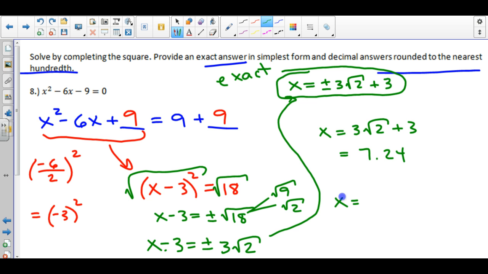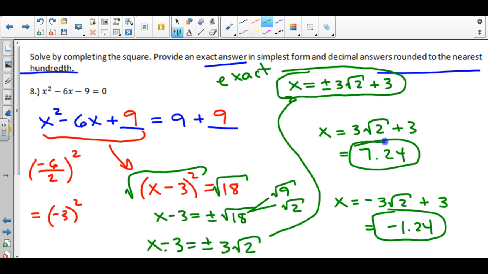And then the other one is we're going to use negative 3 times the square root of 2, and I'm also going to add 3 to that. And that comes out to negative 1.24. So these are your two answers then, and these are, again, the decimal form of that answer. Okay, so that was completing the square, and we were giving our answer in the exact form, and we have the decimal form.